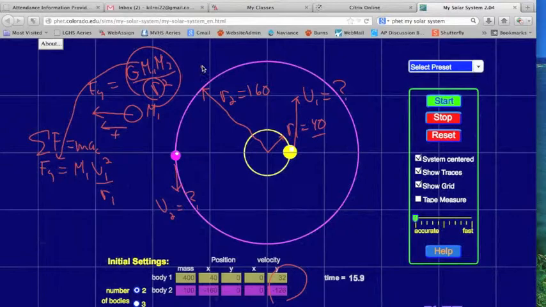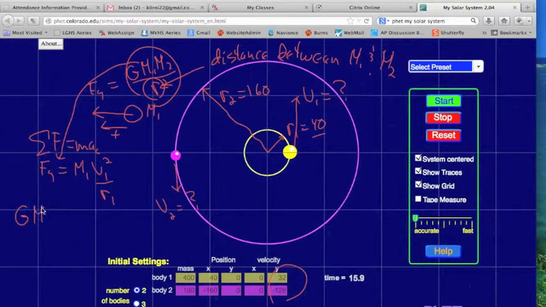This is always the distance between M1 and M2, the two masses, whatever you call them, big M, little m. What's the distance between them? Notice it's always 200. And so this is not R1.